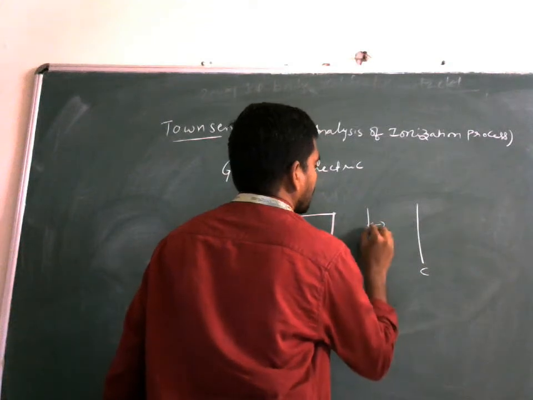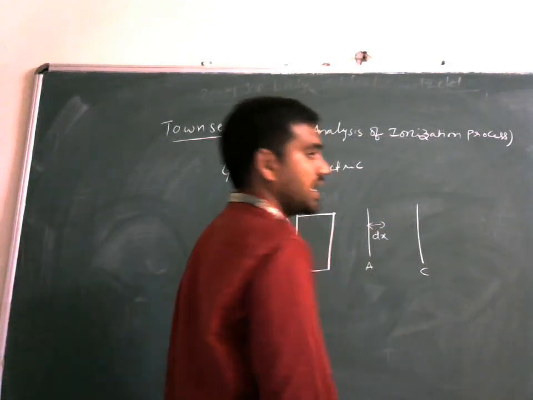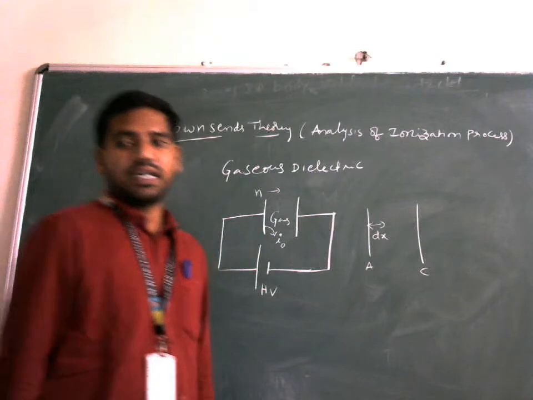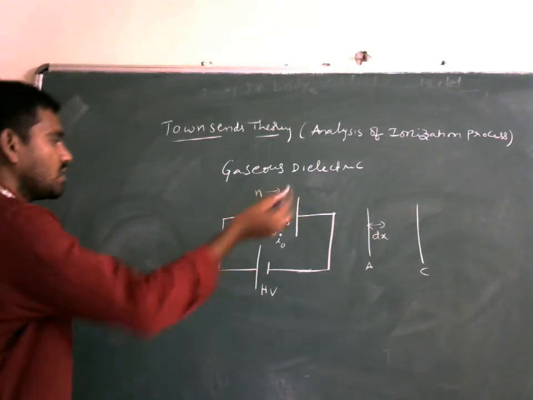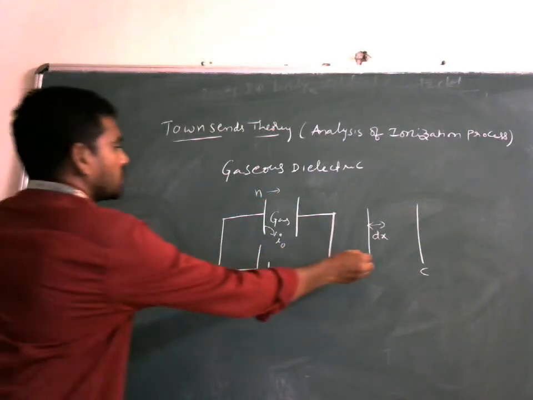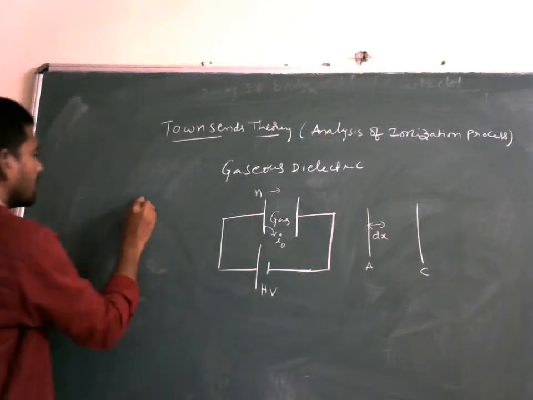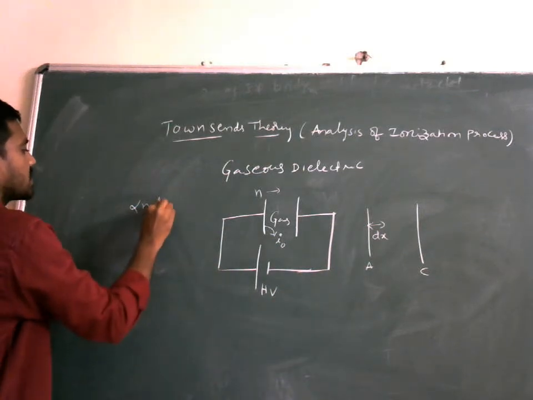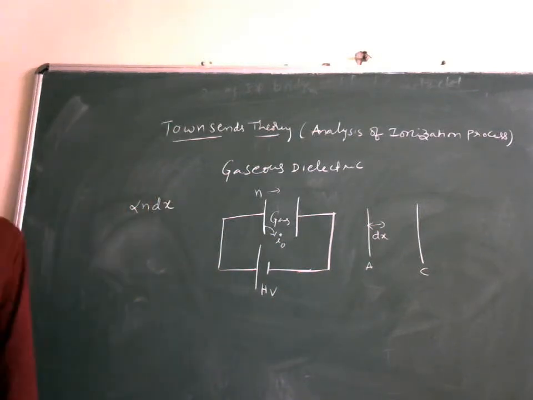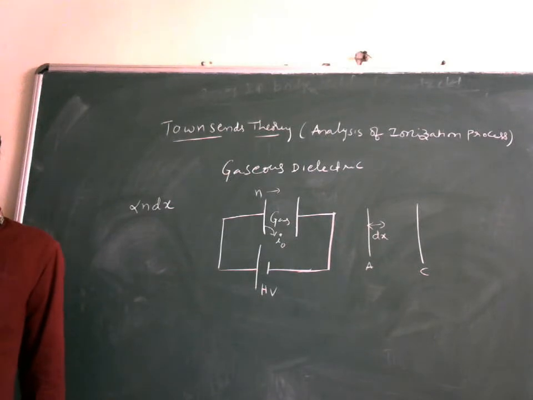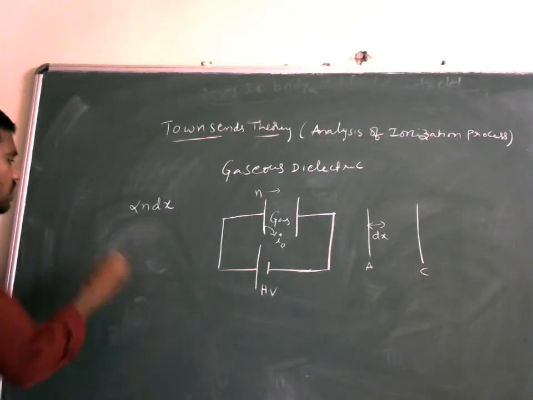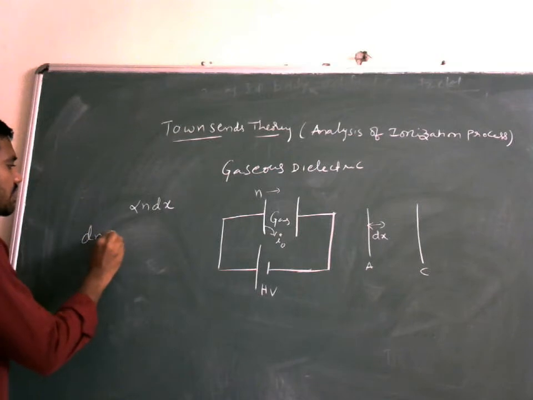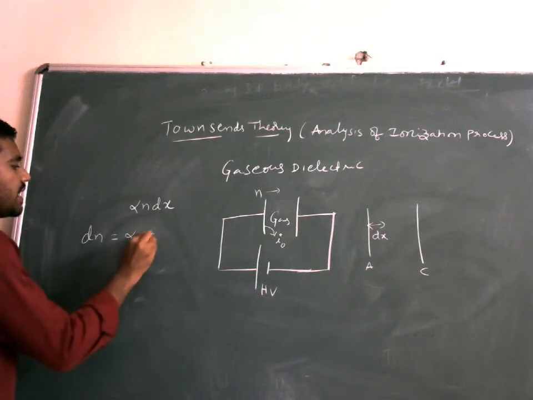The electrons will move only a small distance dx, so the total electrons moved is alpha n dx.